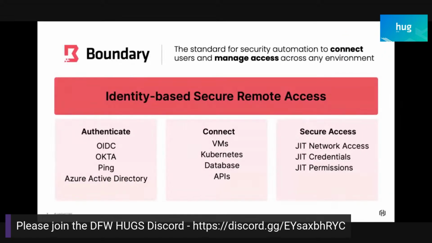So this is identity-based secure remote access. Boundary is your key to a more streamlined and secure approach to remote access management. Think of it as your identity-aware proxy, purpose-built to simplify and enhance least privilege access to your cloud infrastructure.